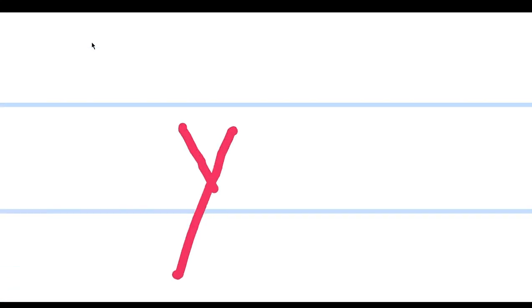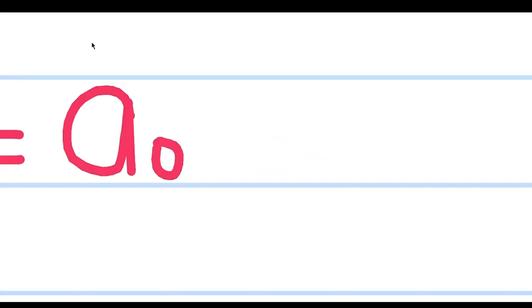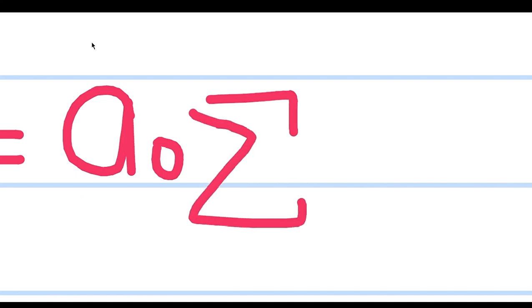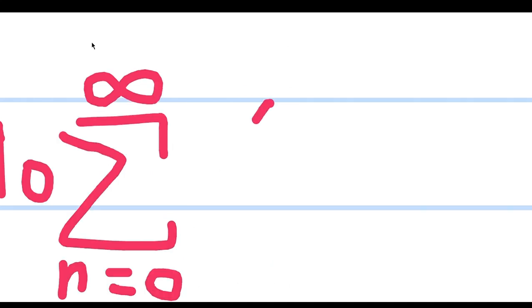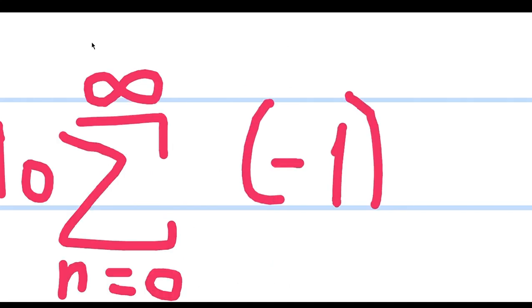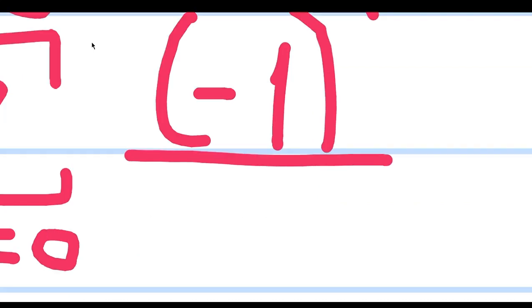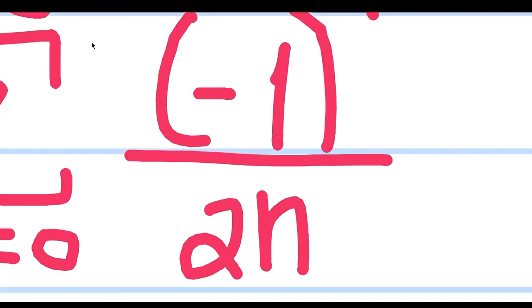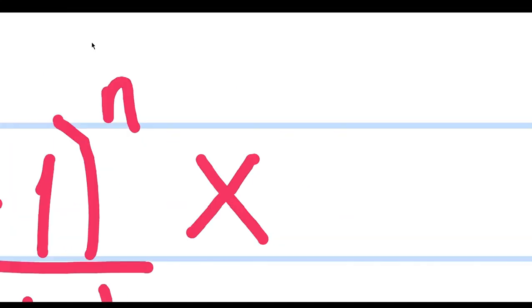Therefore, I have y is equal to a sub 0 times the series which starts at n equals 0 until infinity of minus 1 to the power of n over (2n) factorial times x to the power of 2n.